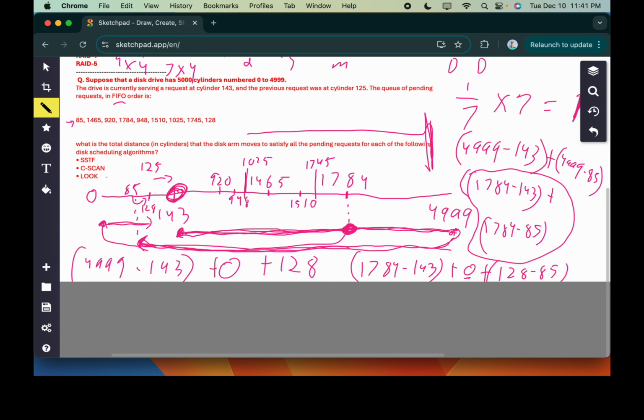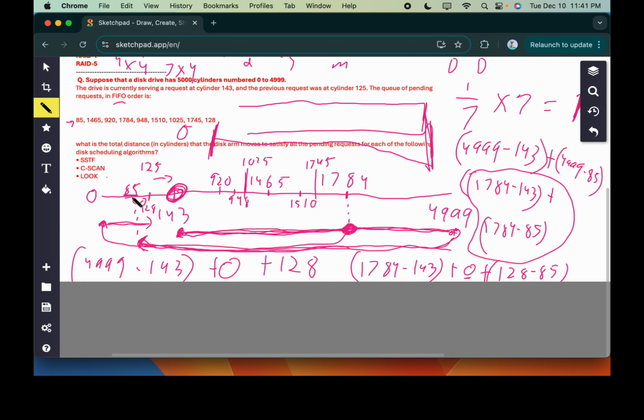I think what you mean is because it's the direction in which we're going. If we're going to the right, I'm going to go all the way to the end, and then I'm going to go all the way backwards, but I'm going to stop short before I get to the 0, because this is the last request that I need to get.